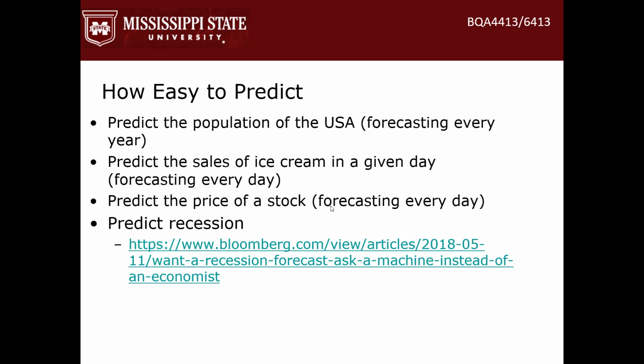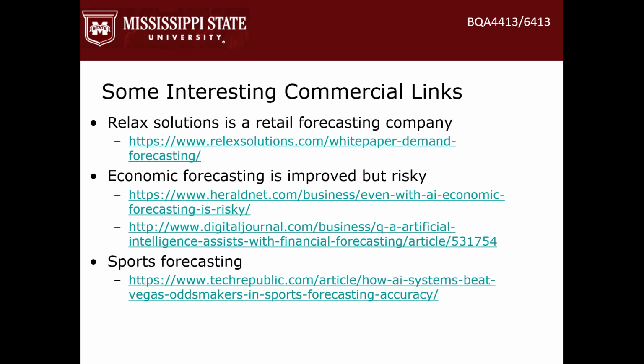The idea with prediction is that we can't be perfect, but certain things we can predict. If I'm Walmart, I can probably predict daily sales, but it's very hard to predict things like the price of the stock and when the next recession is going to be. There are thousands of PhDs trying to work that out, and quite often they're not particularly accurate.